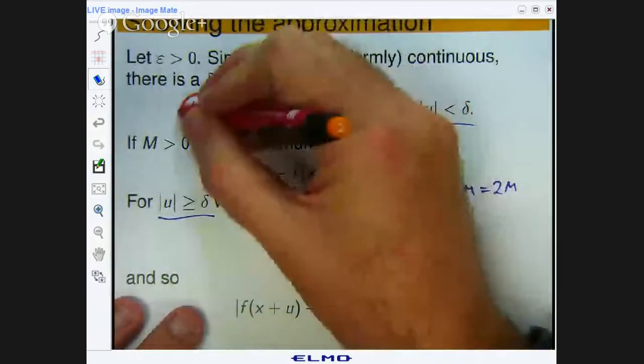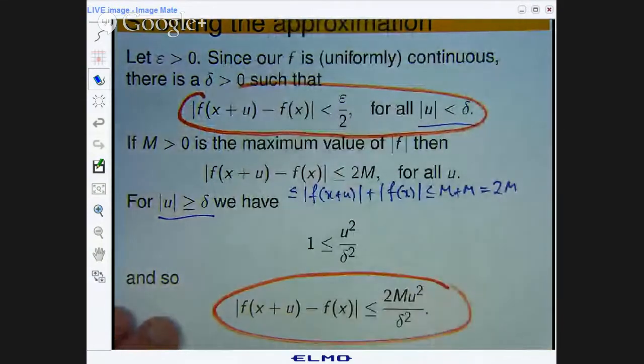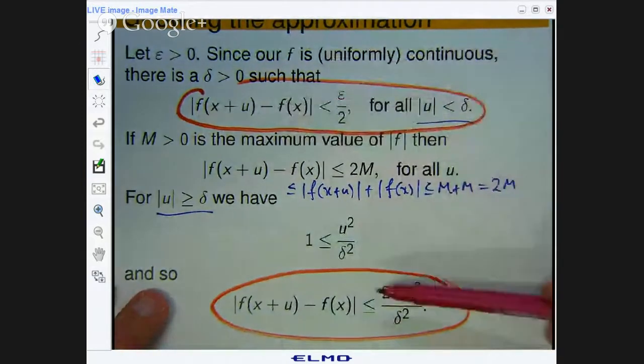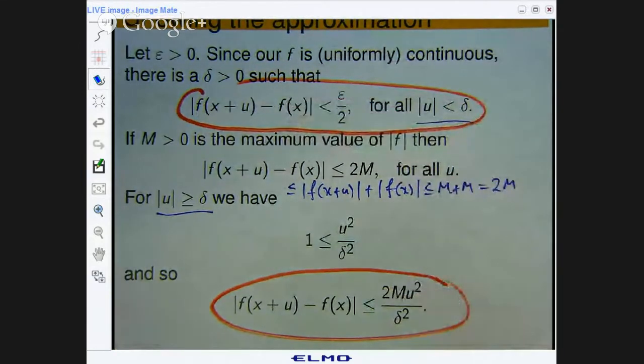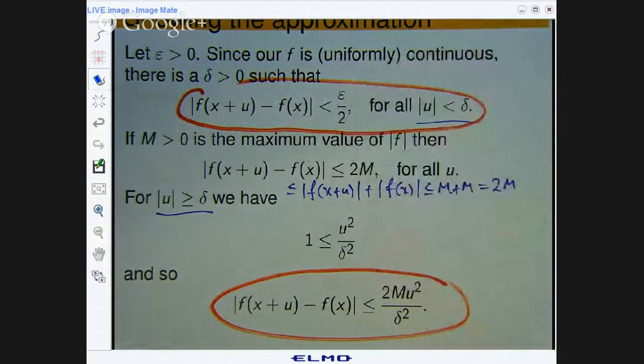So no matter what, this difference is less than or equal to this or this, so it's got to be less than or equal to the sum of these two things. The absolute difference of f of x plus u minus f of x has got to be less than or equal to the sum of epsilon on 2 and 2M u squared on delta squared.